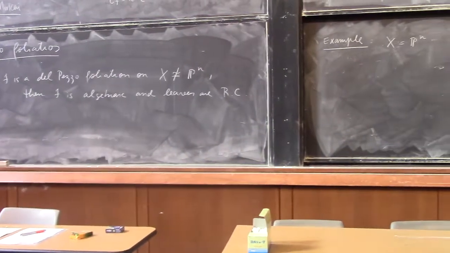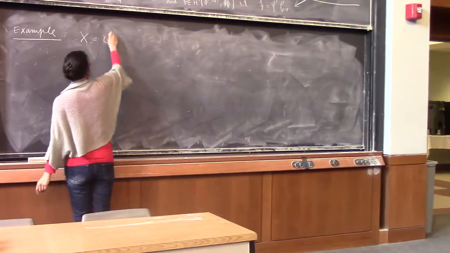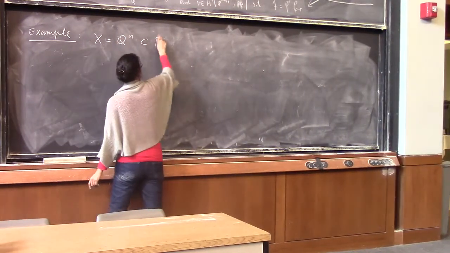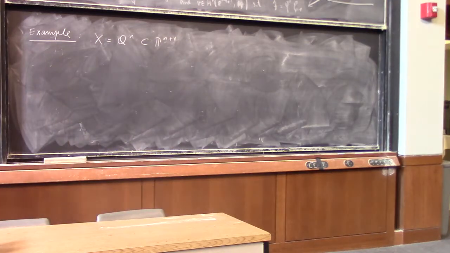Now you could ask, what is the next simplest case? Well, this would be the case of a quadric hypersurface in Pn plus 1. Can you find del Pezzo foliations on a quadric? The answer is yes, and we have classified them.